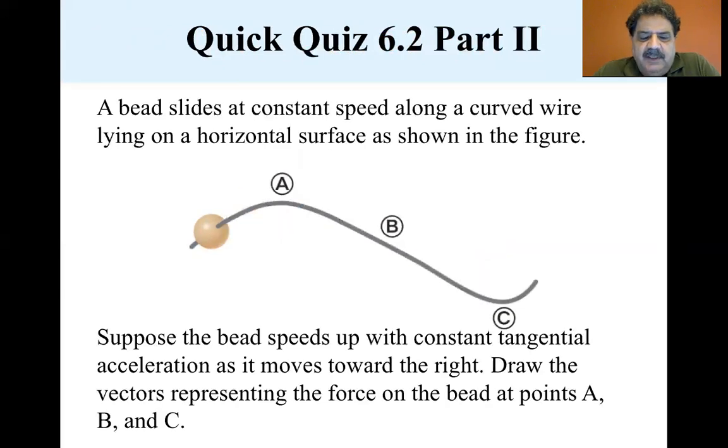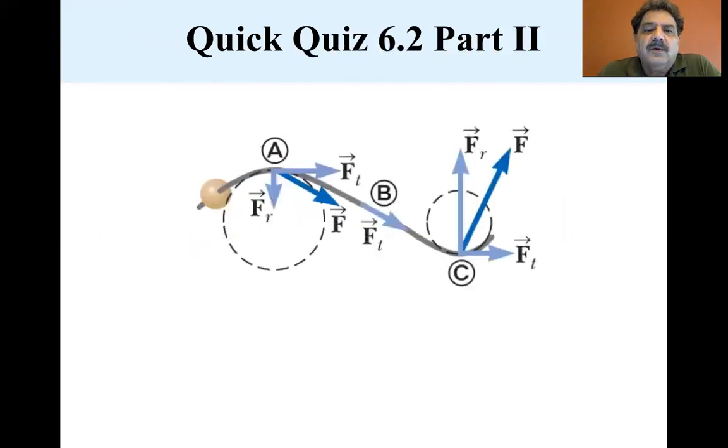All right, let's look at the bead sliding at constant speed along a curved wire lying on a horizontal surface as shown in the figure. But suppose the bead speeds up with constant tangential acceleration as it moves toward the right. Now draw the vectors representing the force on the bead at points A, B, and C. So in addition to the forces in the centripetal direction in part A, there are now tangential forces to provide the tangential acceleration.